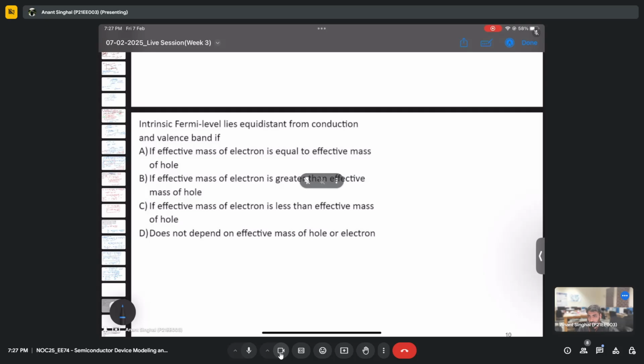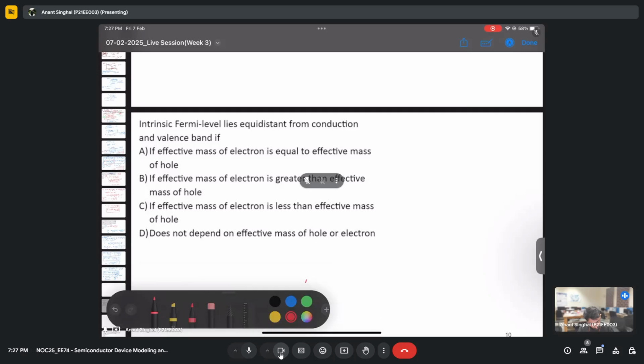What is taking time? Option A. Okay, anyone else? Any other option guesses? Okay, so everyone is agreeing with option A. So that is the answer.